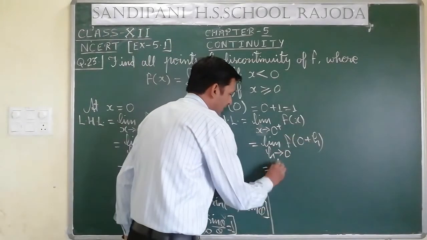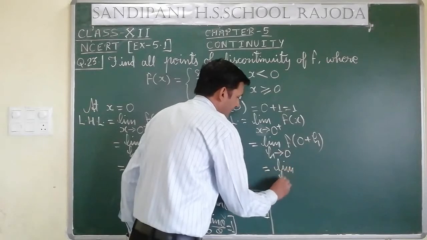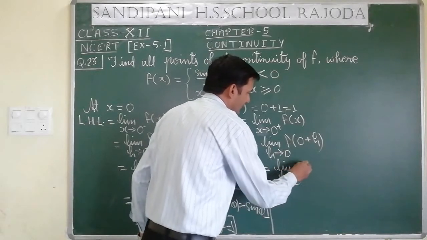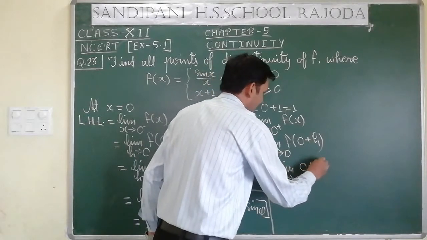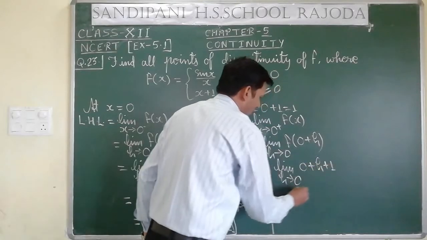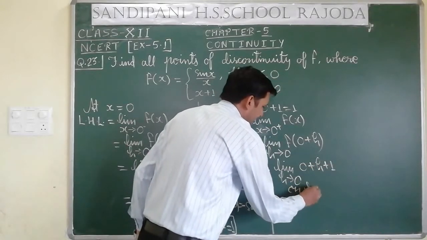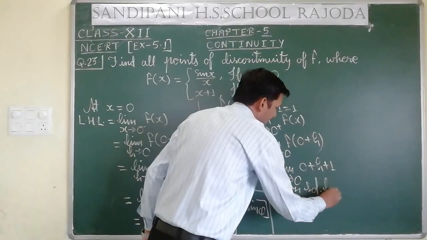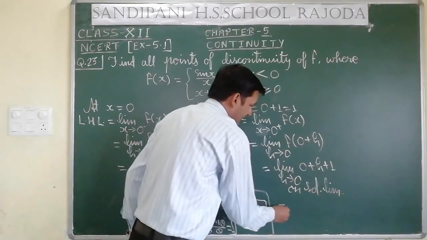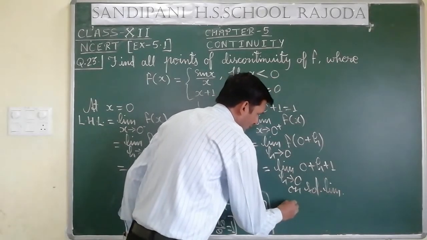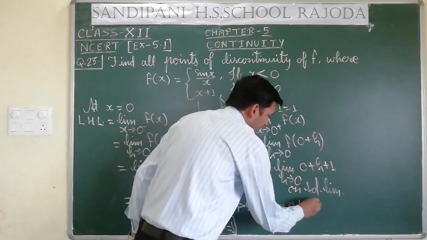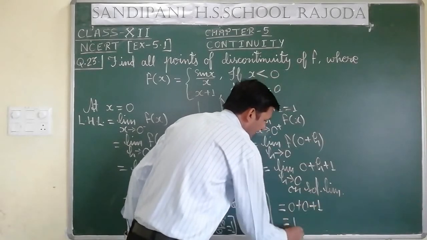So this will become limit h tends to 0 of 0 plus h plus 1. If we solve this limit, then this will become equal to 0 plus 0 plus 1, that is 1 only.